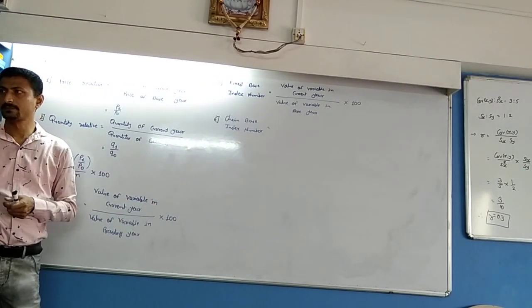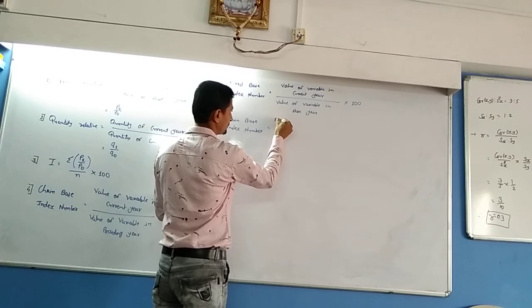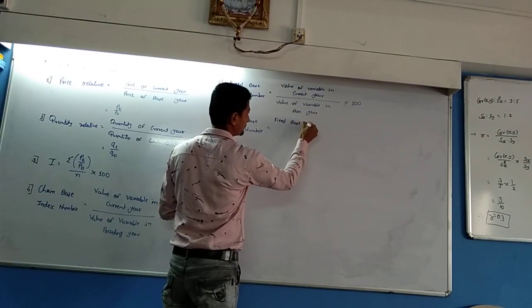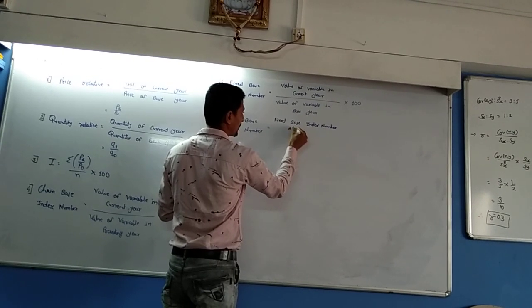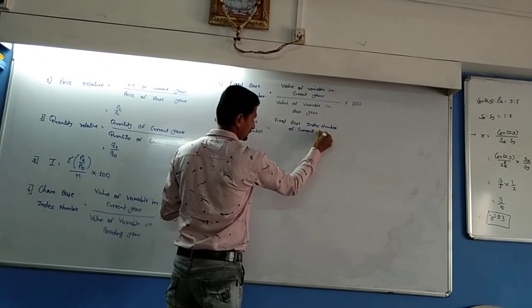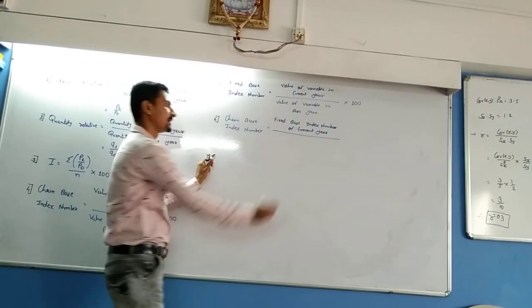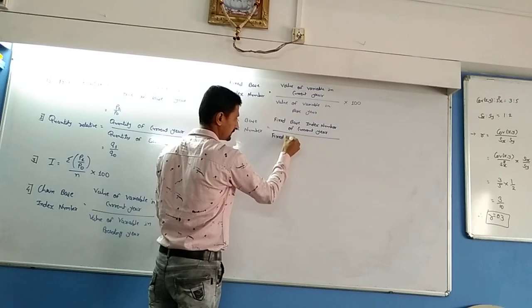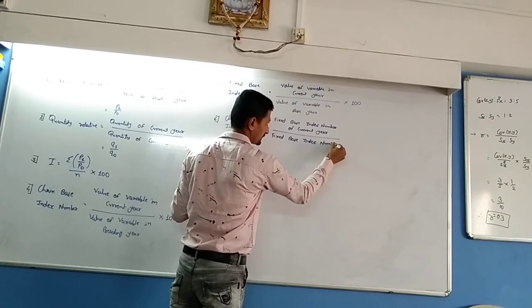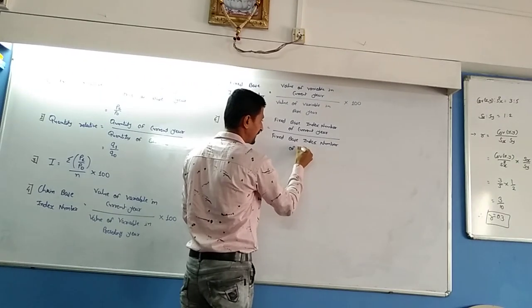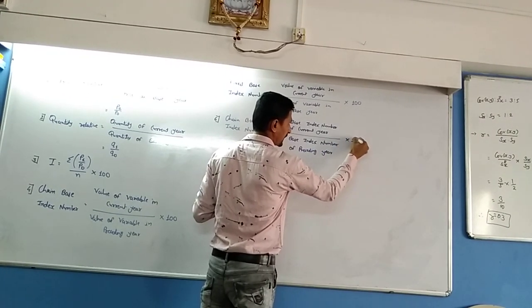Next, new line, write down the formula. Change base index number is equal to fixed base index number of current year divided by fixed base index number of preceding year into 100.